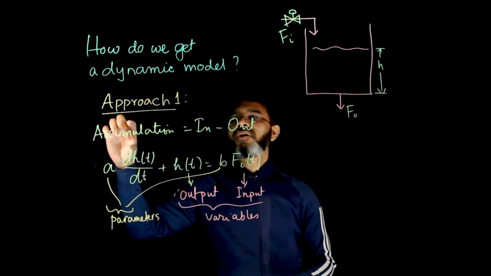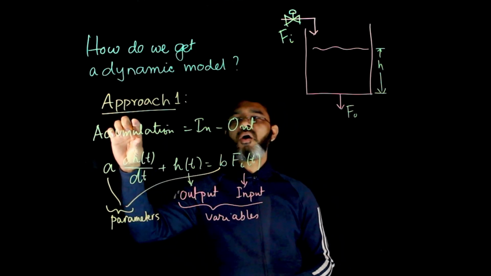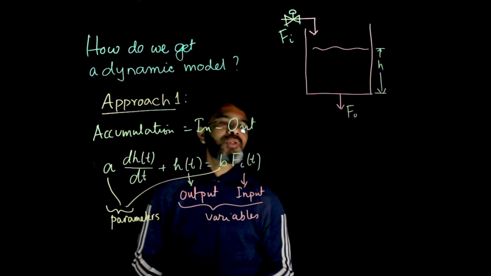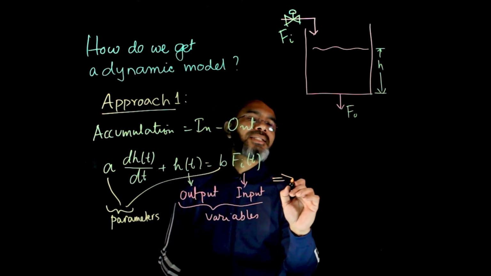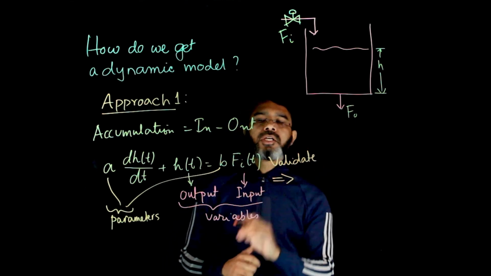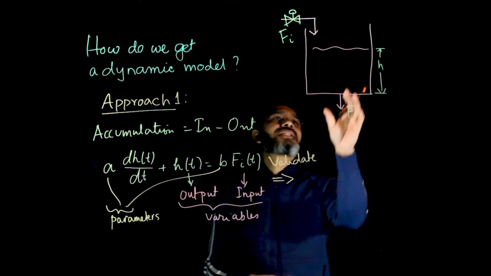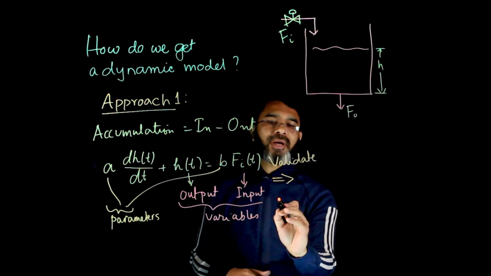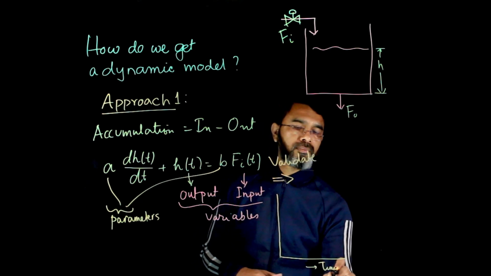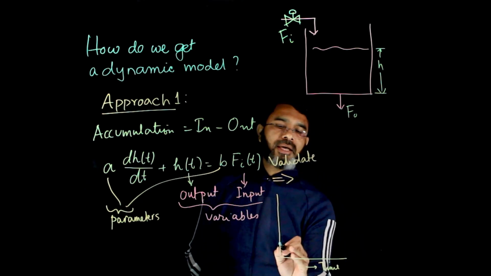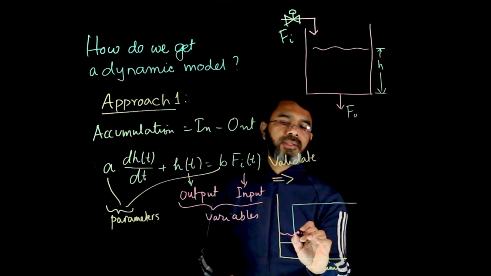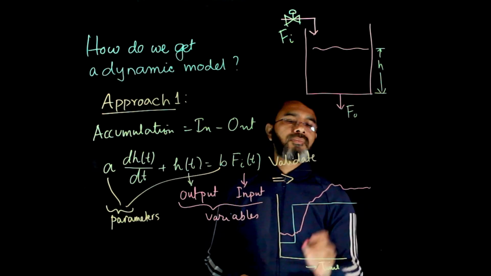So using the first principle approach, meaning using the laws of nature, we can find a model for the process. Then how do we really validate this model, whether it's valid or not? For validation, you can get some data from the process. For example, you made a change in the valve opening, something like this, and the level changed something like this.